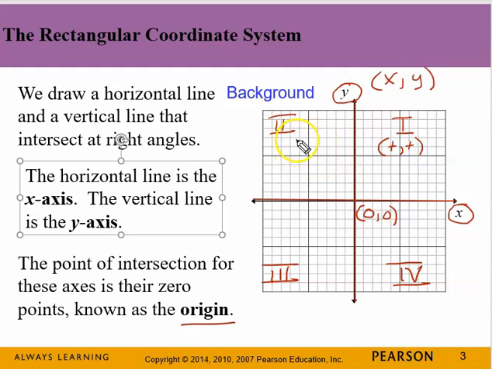Anything that's plotted in this would have a negative x value and a positive y value. In this third quadrant, they're both going to be negative. Now in the fourth quadrant, the x is positive, but the y is negative.